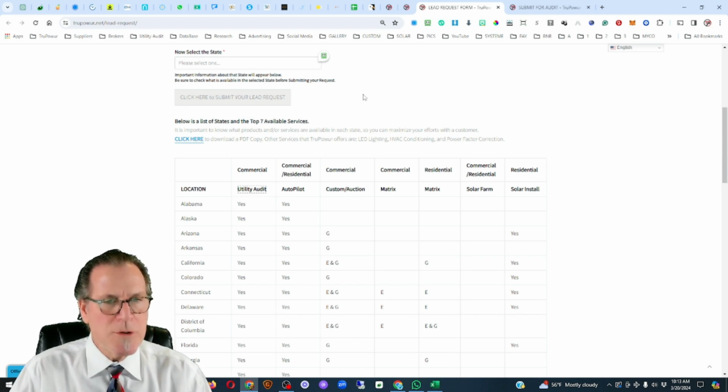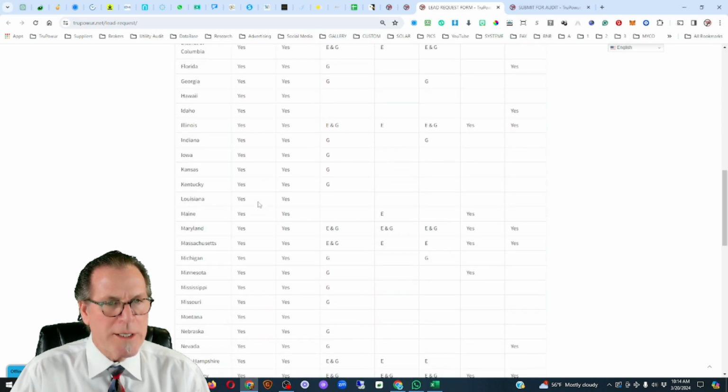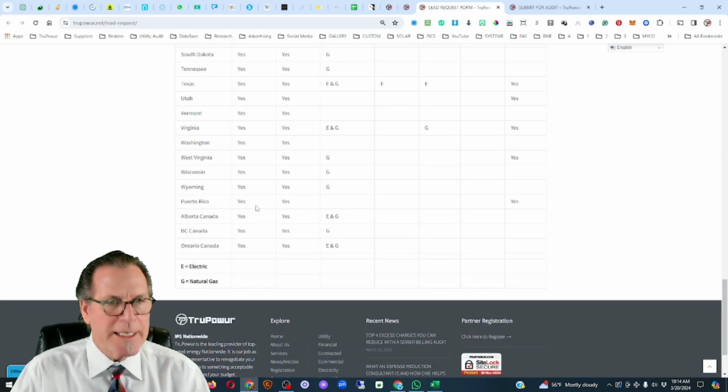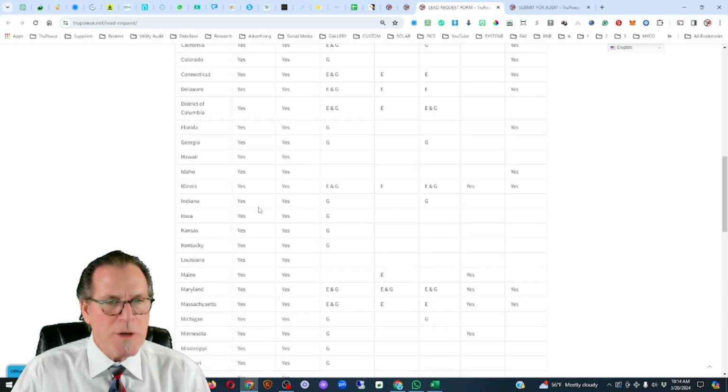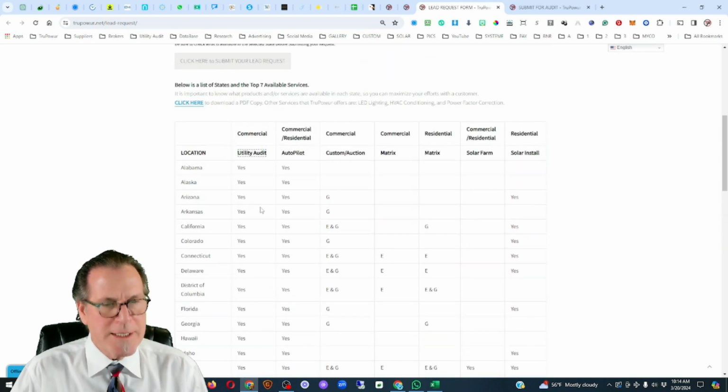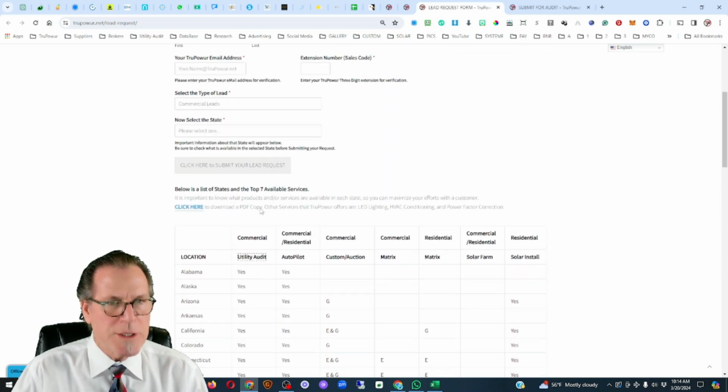There's actually two parts to that. The second part is where we actually go into the pricing platform and see what, if any, additional benefits we can provide that customer at the supplier level. Now, you'll notice that you can perform a utility audit in all 50 states. In Canada, there is no trigger mechanism that says this is the best time to do a utility audit.